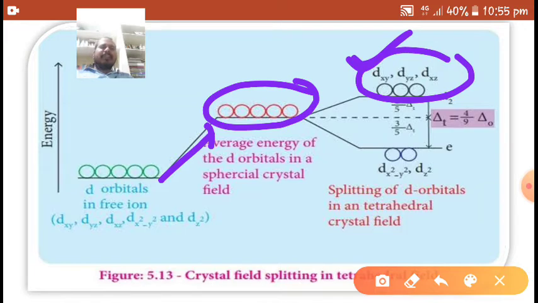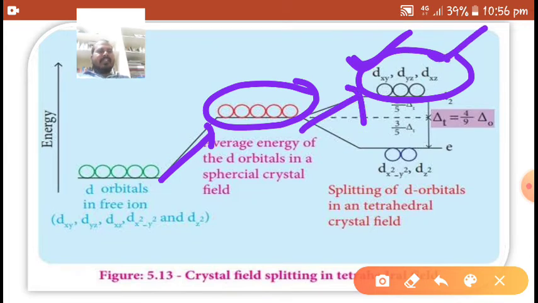There will be a repulsion between these T2g orbitals and the ligands, so their energy will be increased. On the other hand, Eg orbitals of the metal ion lie along the x, y and z axes. As a result, dx square minus y square and dz square orbitals are lowered in energy to the same extent. So the T2g orbitals lie between the axes, that's why their energy is increased, and the Eg orbitals lie along the axes, that's why their energy is decreased.